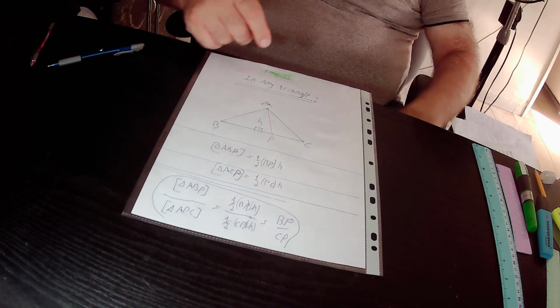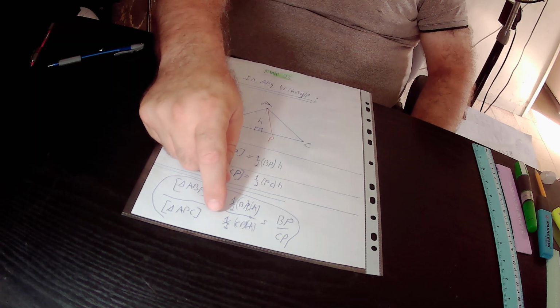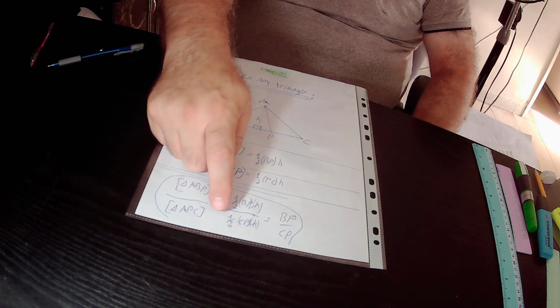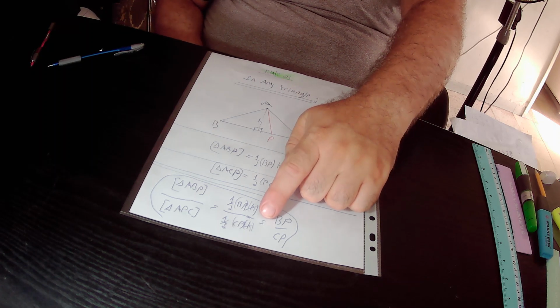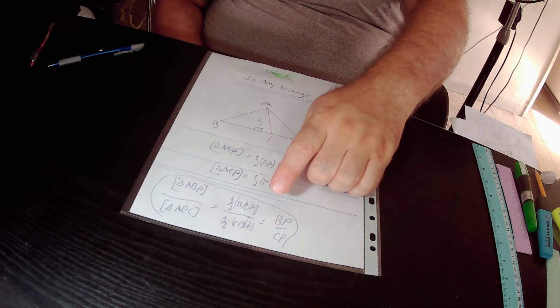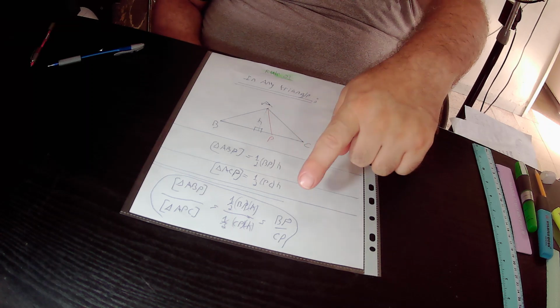The 1/2 gets cancelled, H also gets cancelled, and we are left only with BP over CP.